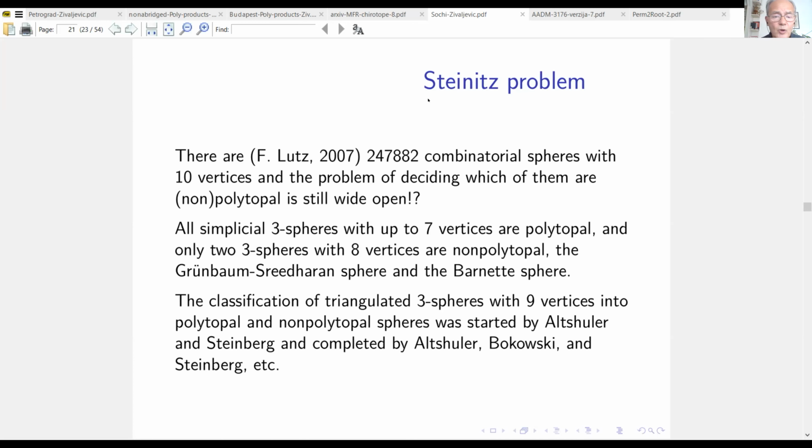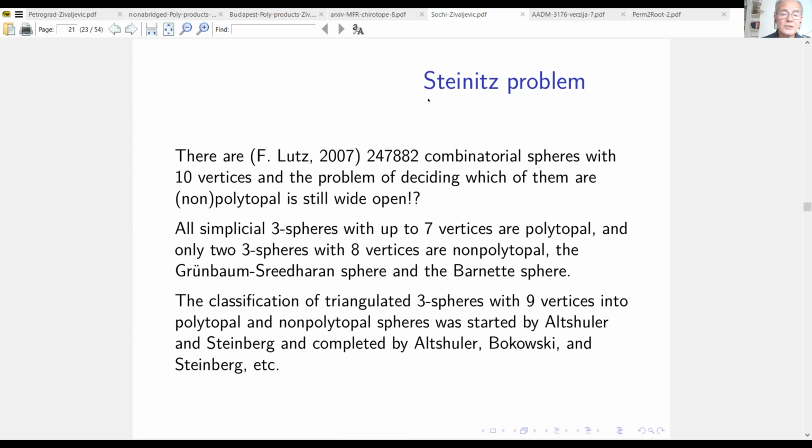And now this is an old problem. For example, Frank Lutz in his well-known paper about the listing of simplicial spheres with a certain number of vertices says that there are several 100,000 combinatorial spheres with 10 vertices.